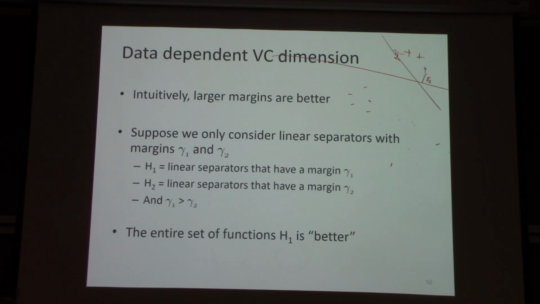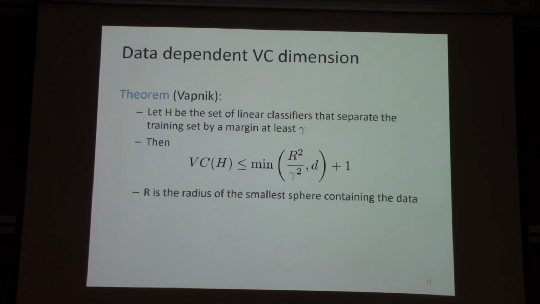Now the question is, can we formalize this in terms of VC dimensions? Because if we can do that, then we can start making some formal claims. Turns out you don't have to do that. Vapnik did that a long time back. There's a notion of a data-dependent VC dimension for linear threshold units.